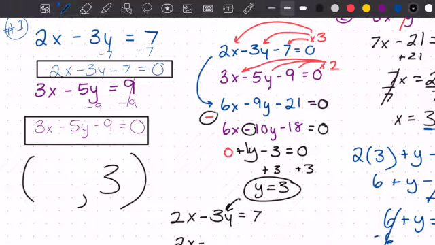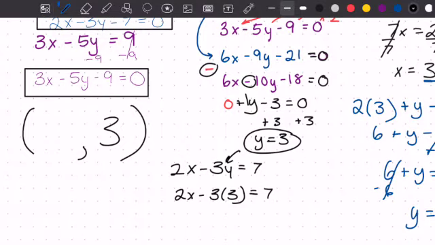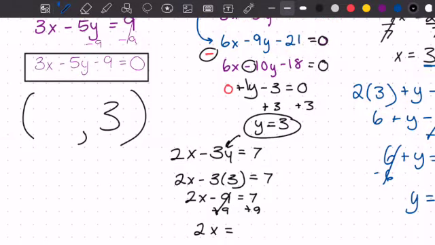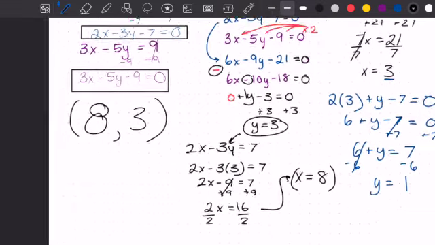So I've got 2x minus 3 times 3 equals 7. So 2x minus 9 equals 7. Add 9 to both sides. 2x equals what? 7 plus 9. 16. Divide both sides by 2. I'm just going to write it over here so it doesn't get cut off later on. x equals 8. So then I can plug that back in for my answer here.